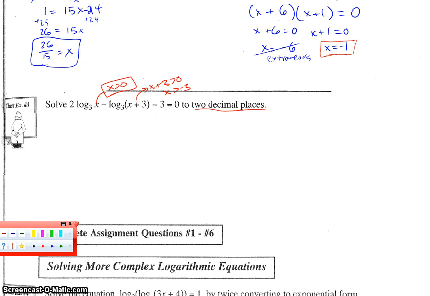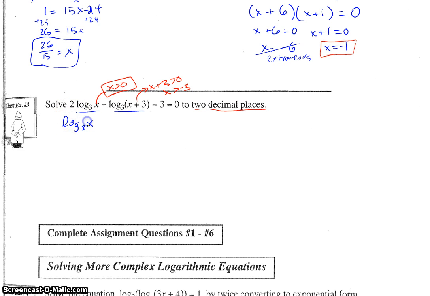We do want to combine these log 3's, but there's a 2 in front of this one. So let's use our power rule and bring that 2 back into the exponent. The other thing is this 3, we need to take that to the other side, because when we combine these two logs, we don't want two terms on that side.